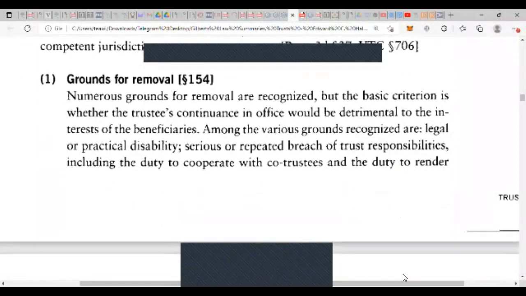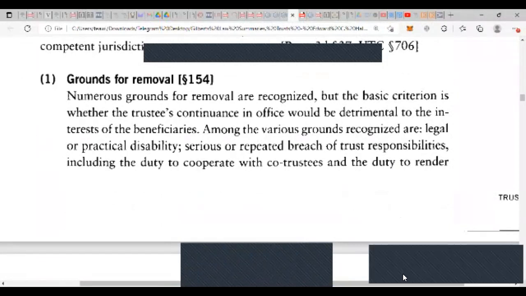1. Grounds for removal, Section 154. Numerous grounds for removal are recognized, but the basic criterion is whether the trustee's continuance in office would be detrimental to the interests of the beneficiaries.